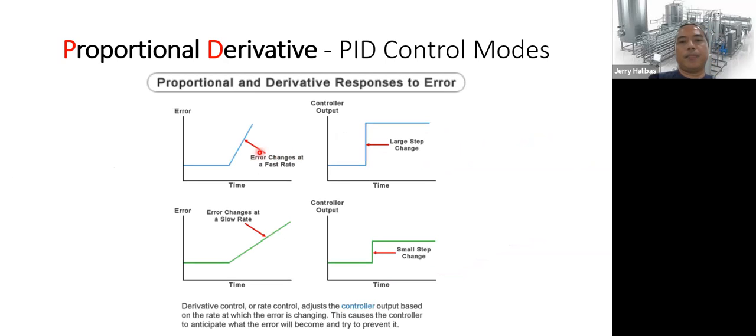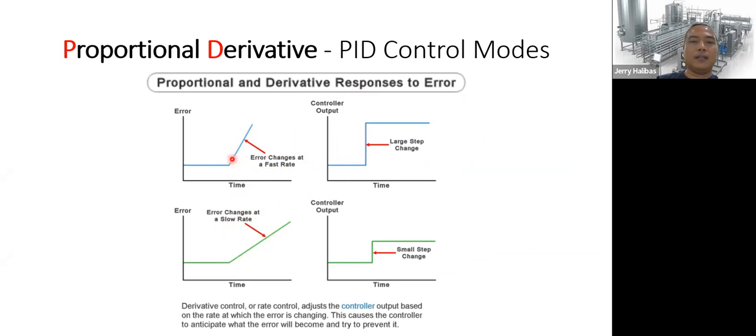Then, there are different responses to the error. From the error, what is your response, your derivative response? So let's analyze: the error changes at a fast rate relative to the color green.